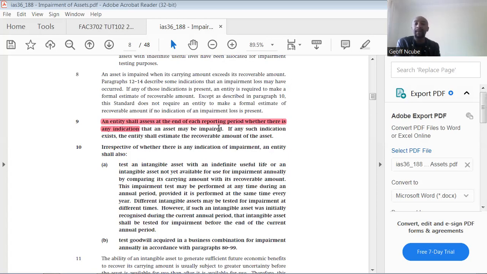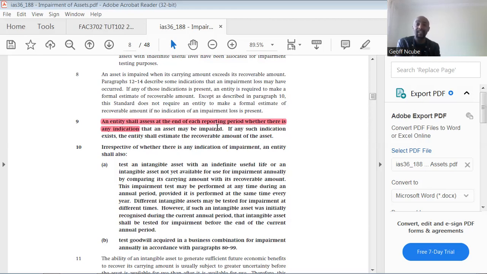So whenever I think impairment, always remember carrying amount minus recoverable amount. Recoverable amount is the higher of the fair value less cost of disposal or value in use, right? If any such indication exists, the entity shall estimate the recoverable amount of the asset. So when you're assessing, you need to calculate the recoverable amount and compare.